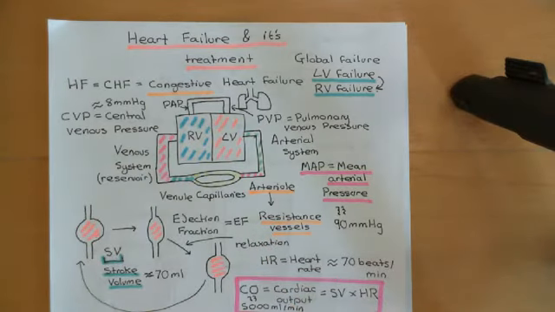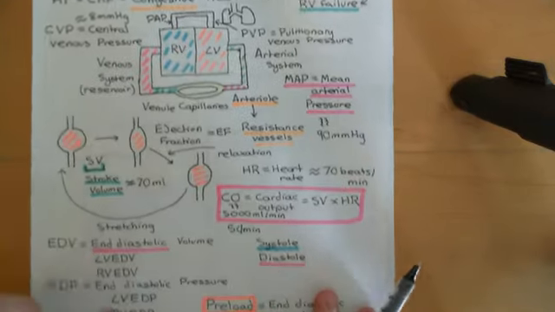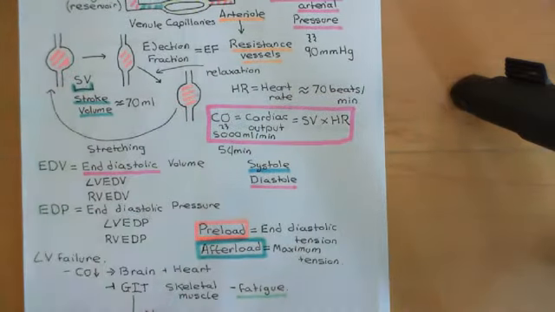Indeed, it's going to have to get that blood up to a much higher pressure, and that means that the tension in the wall of the left ventricle that you have to generate is going to be greater.